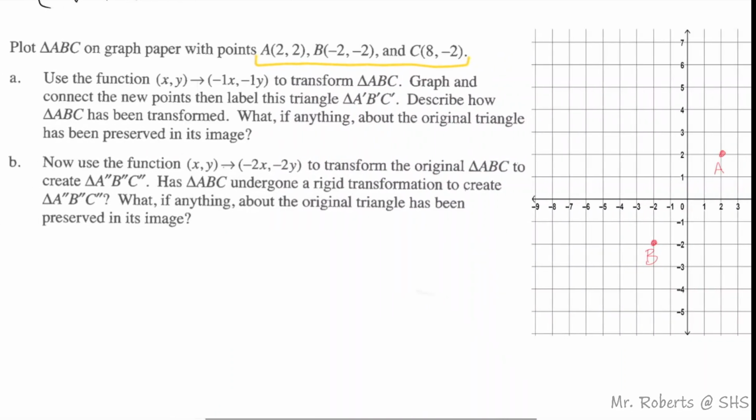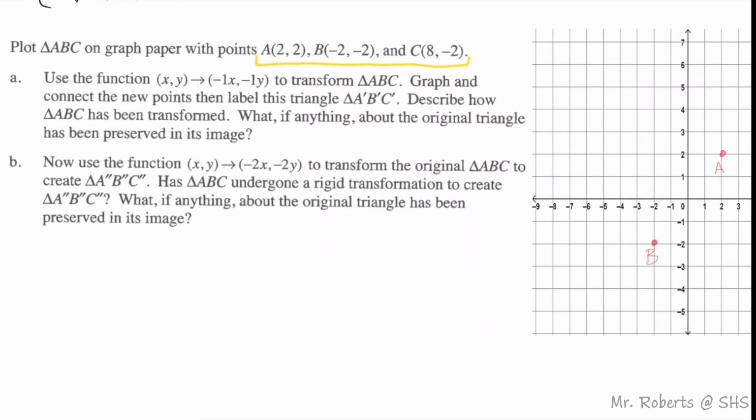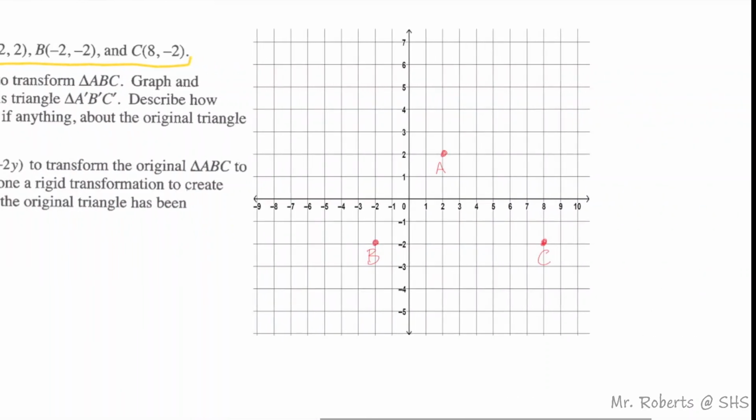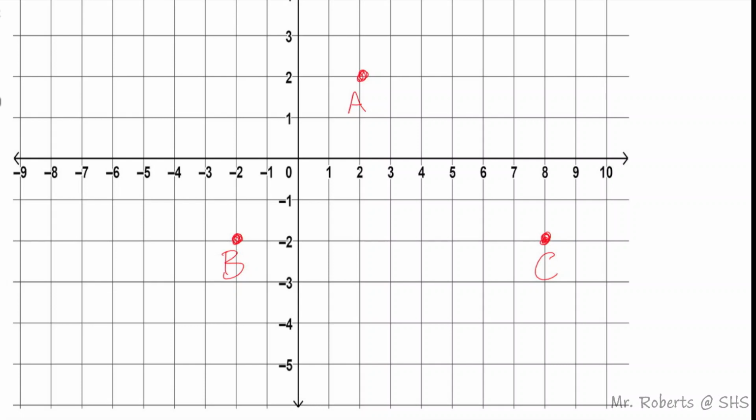Then it says, use the function (x, y) goes to the opposite of x, comma, the opposite of y to transform it. Graph and connect the new points and then label this triangle A prime, B prime, C prime. Okay, so let's do that. I'm just sketching this. Let me sketch these lines for the original triangle.